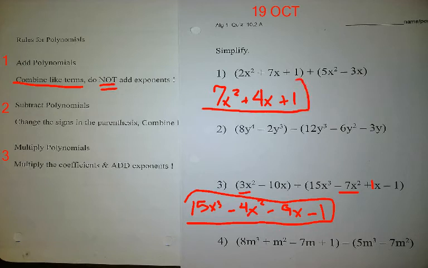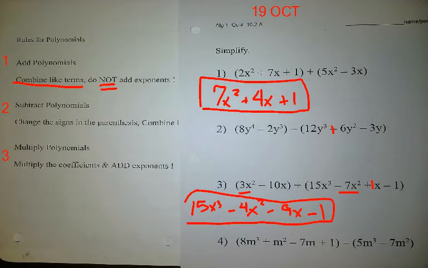Now then, how is subtraction different? Well, you change the sign inside the parentheses. So see, I'm subtracting something in parentheses. I need to change all these signs. So whenever I subtract a positive 12, it becomes a negative 12. When I subtract a negative 6, it's going to be a positive 6.